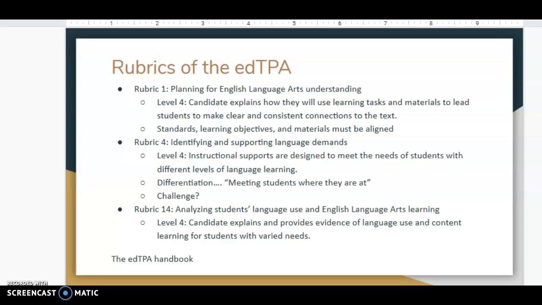How learning for students with varied needs. So that could be students with IEP, students with 504, struggling students. What are we doing to help them? Are we giving them extra materials, sentence frames, things like that to help them meet that literacy that they need to be at? And then going on from there, we're going to dive into how 10 things every writer needs to know relates to the edTPA.